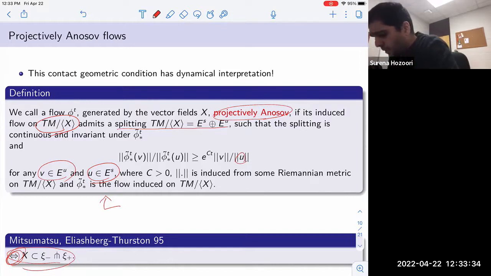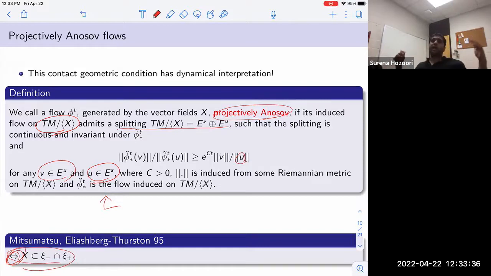And so that means that, for instance, you can have a vector in the ES direction whose length might be increasing, but even if the length of that vector in the stable direction is increasing, the other vector in the EU direction would increase even faster at that time, so that the ratio of their lengths is increasing exponentially.